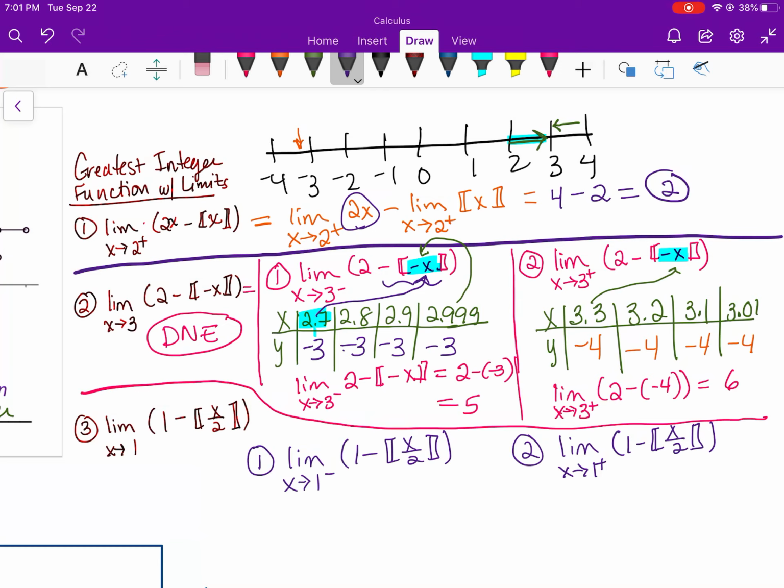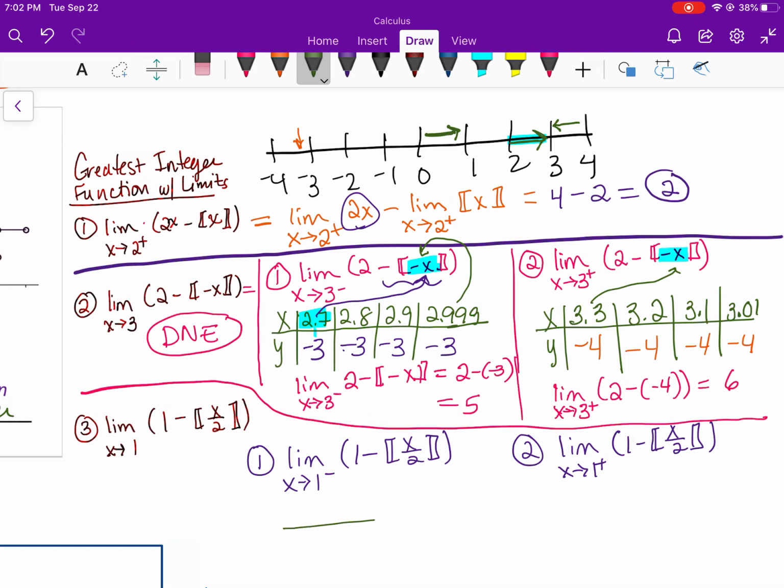So if I approach 1 from the left, I'm looking at values right here. And then I'm going to divide them by 2. And then I'm going to take the greatest integer.